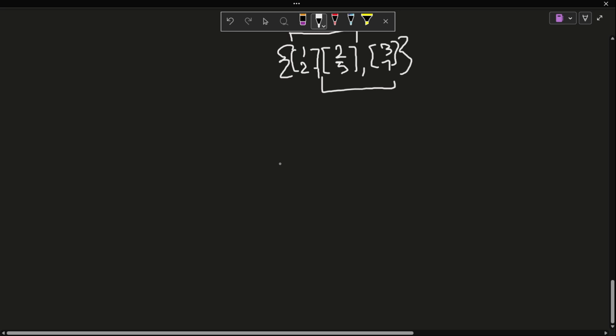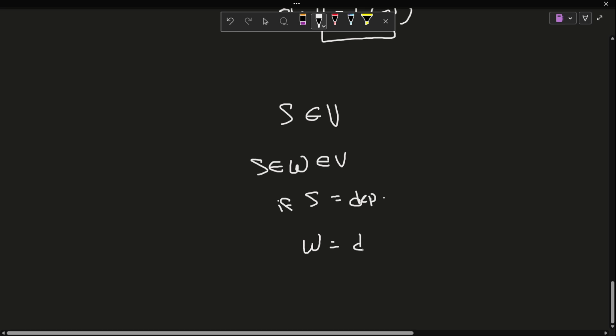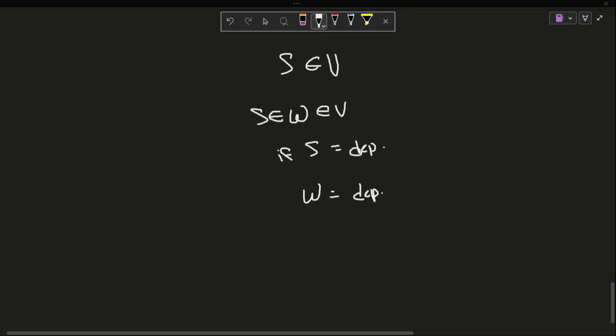So if you have S such that it belongs to V, and then you have W, and S belongs to W as well, and W belongs to V, if S is dependent, then that means W is also going to be dependent. That's basically just the theorem. And this is one of the proofs that I'll let you try because I find it very interesting. So good luck with that, and I'll see you in the next video.